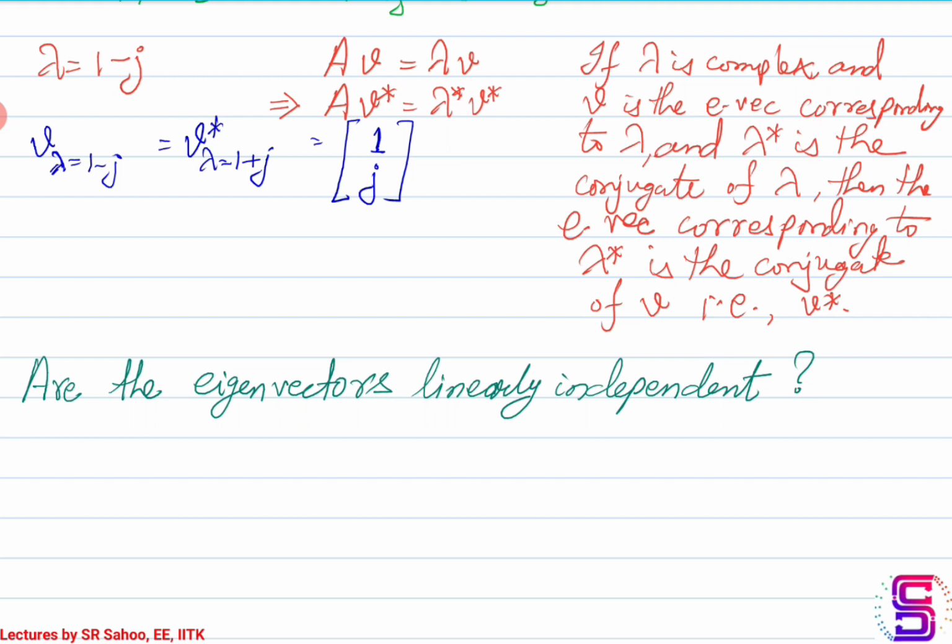Can it be shown that the eigenvectors are linearly independent? That was the final question that we left off. I am still keeping this question open for the audience to find an answer to, whether it's a yes or a no.